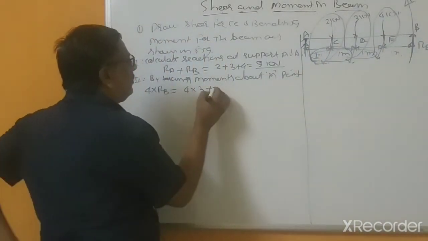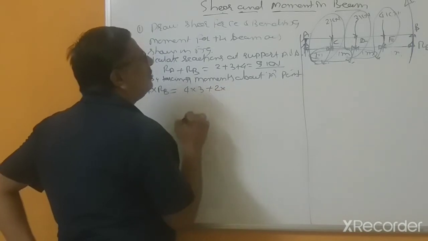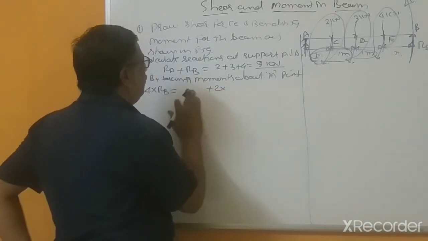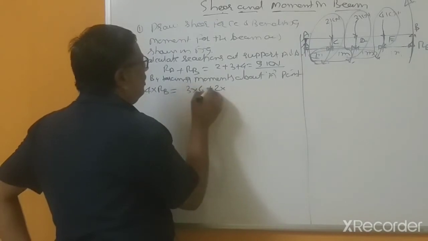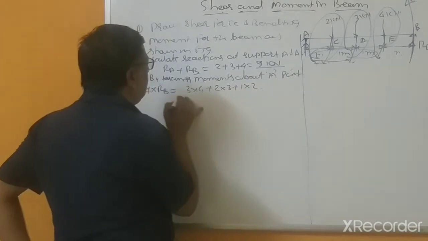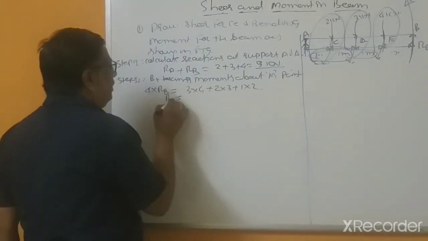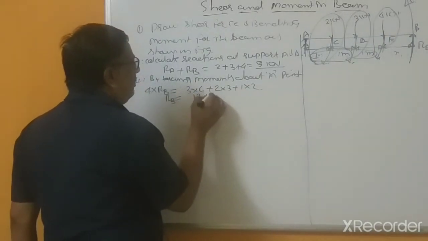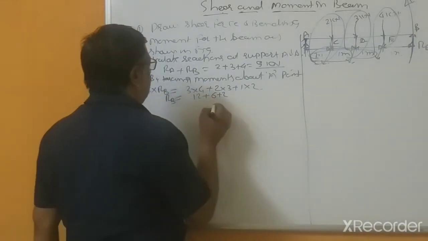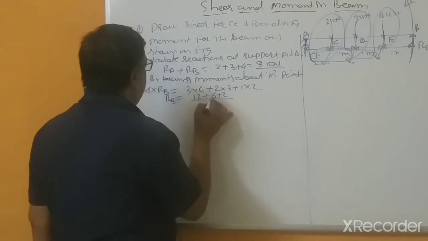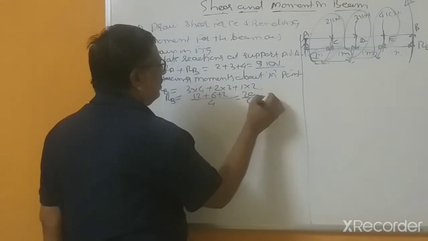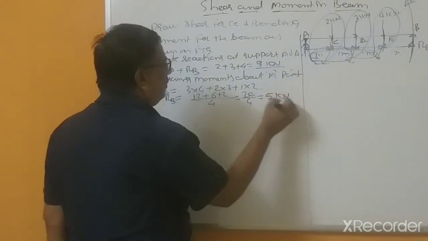So 2 into 3 plus 1 into 2, plus 3 into 4, RB equals 12 plus 6 plus 2, which is 20 divided by 4, equal to 5 kilonewton.